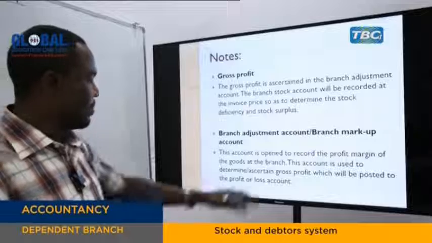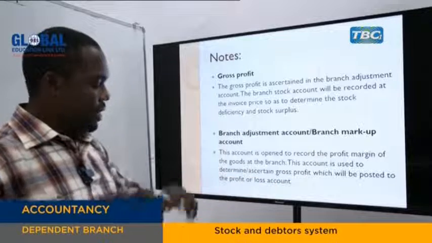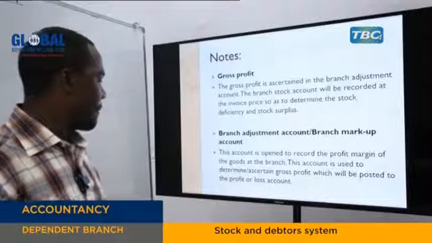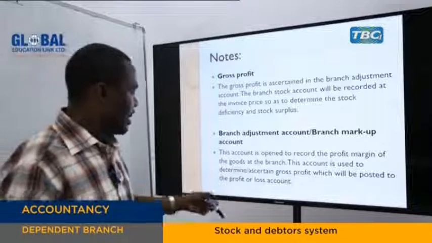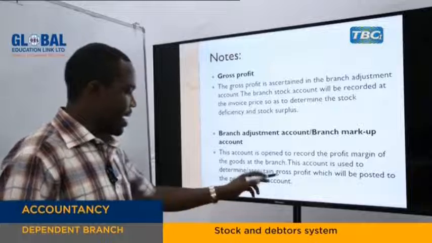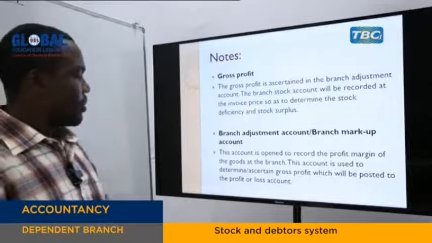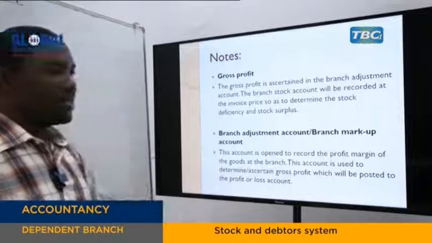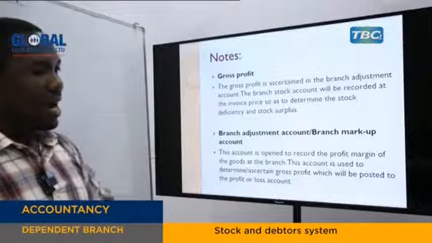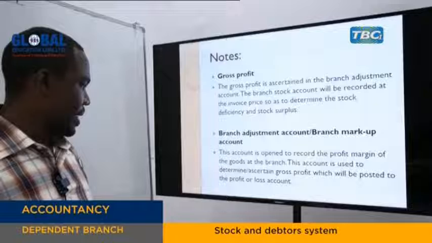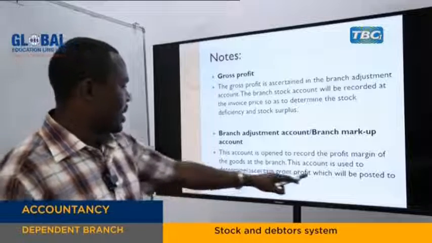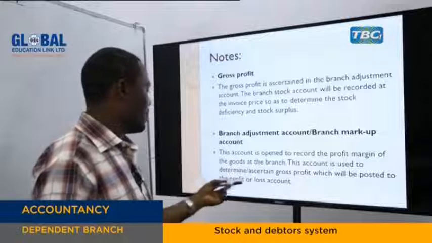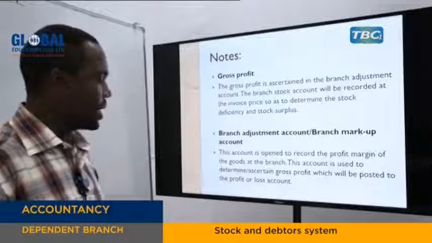And then finally, when you do adjustments, because at the end you are going to debit it with the ending balance, you are going to determine the gross profit, and that will be the profit realized during that period. So this account is used to ascertain the profit, which will now be posted to the profit and loss account.